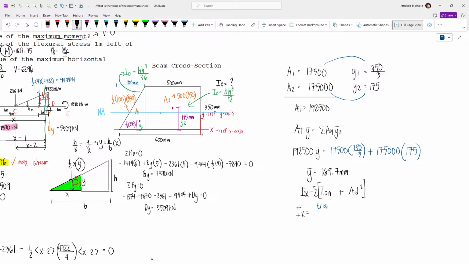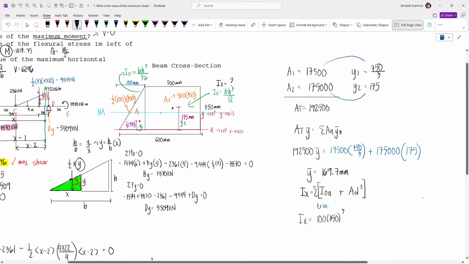So, for the I, again, this expression is base na to 100, and then we have a height of 350 cubed divided by 36, and then plus the area sa triangle, how much? Diba, 17,500.